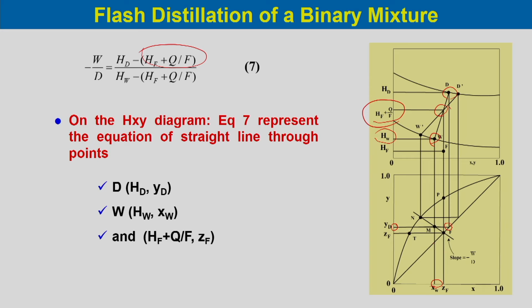This is the enthalpy of that point, and ZF, that is the feed condition, is given over here. If you come down from here, you have HF, and then you can come down to the 45-degree diagonal, you have ZF. So, it is on the 45-degree diagonal with composition ZF.